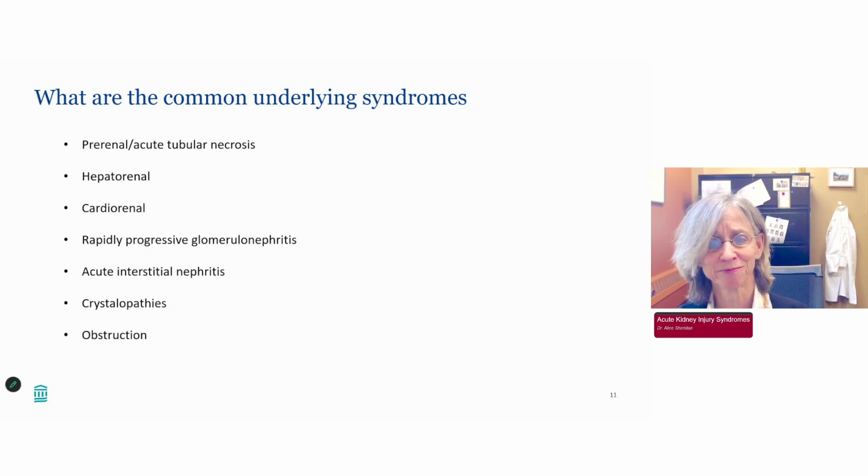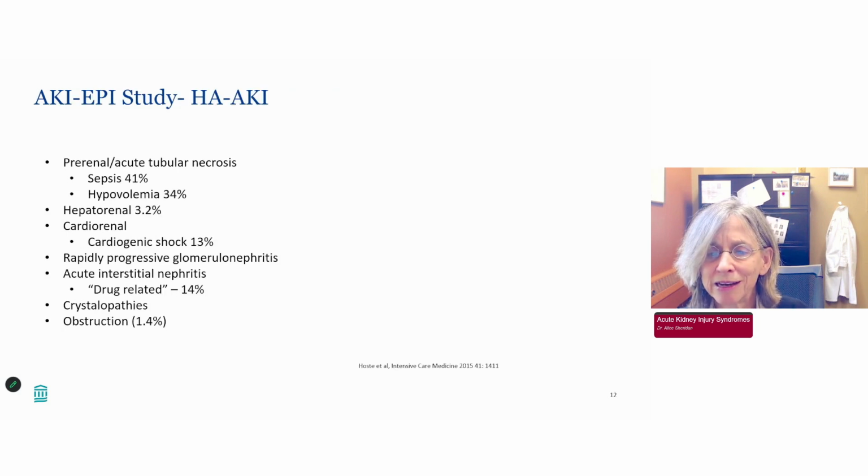Most of it is pre-renal ATN. It's followed by cardiorenal, drug-induced interstitial nephritis, not so much RPGN, a little bit depending on your demographic, hepatorenal. The crystallopathies and obstruction, particularly obstruction, will depend on your demographic to some degree.